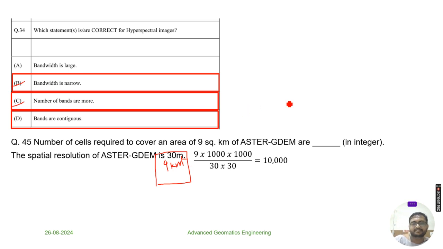Now if I say that instead of this I need the MODIS satellite, and the image is from MODIS, then how many pixels will there be? First of all, what is the spatial resolution of MODIS?